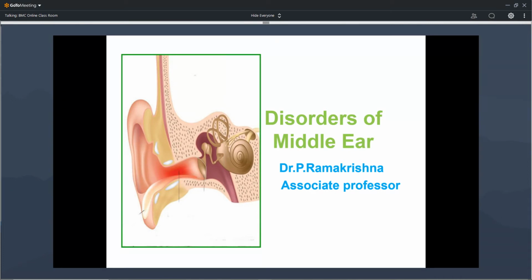Roll number 80. Parts of the middle ear cleft.